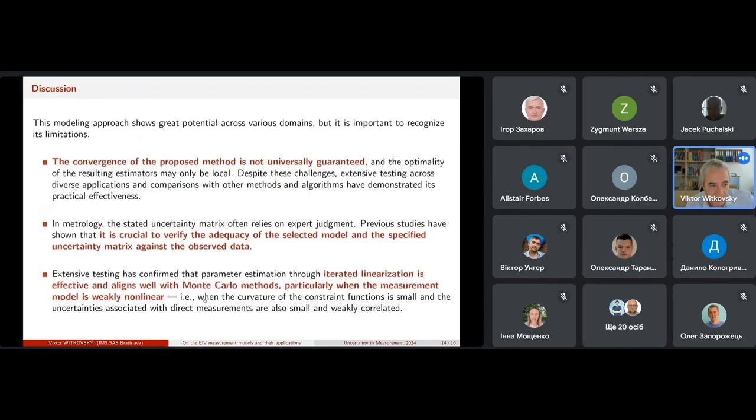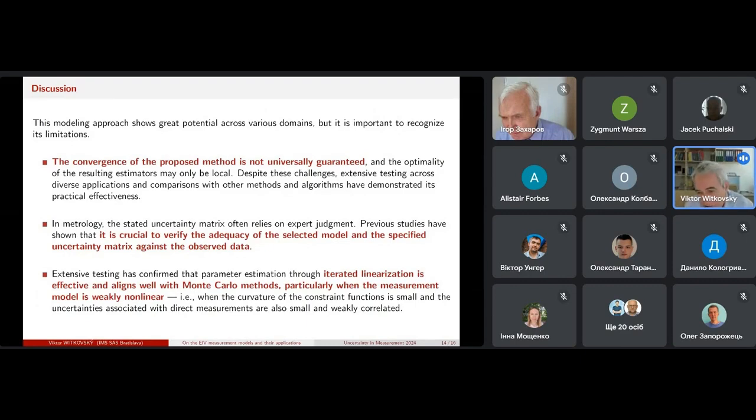So I would like to finish with a very short discussion. This model approach shows great potential across various domains, but it is important to recognize, of course, some limitations. The convergence of the proposed method is not universally guaranteed. It is largely because those problems are very complicated in general, and the optimality of the resulting estimators may only be local. It is not a general global solution.